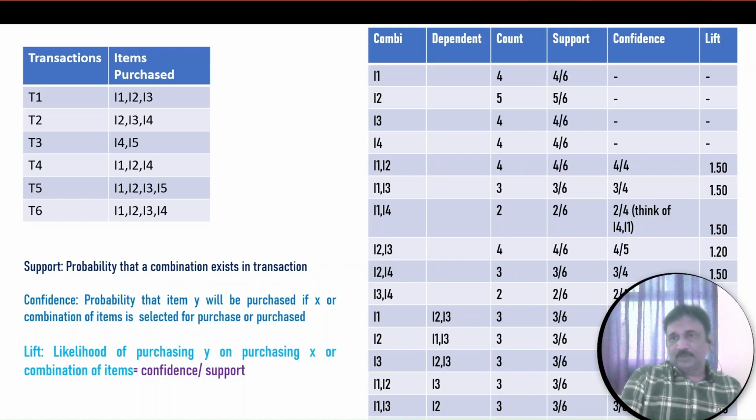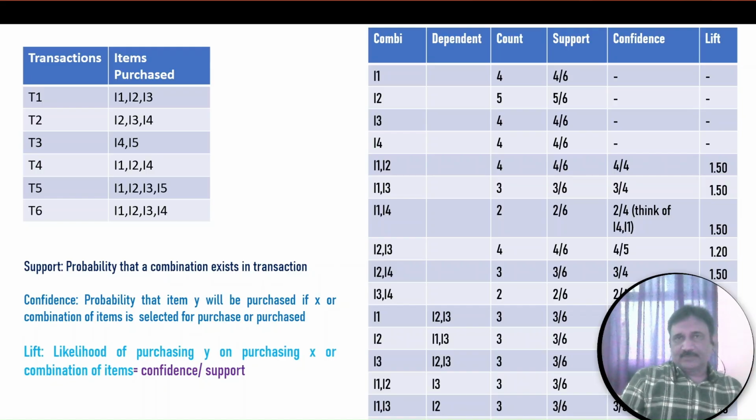Like I1, I3 must be placed together because the confidence is 1 and the confidence divided by support, that is the lift, is 2. So this chart will help you determine how items will be placed together, digitally or physically. That is market basket analysis.